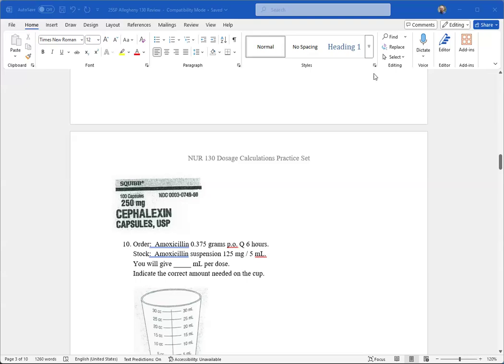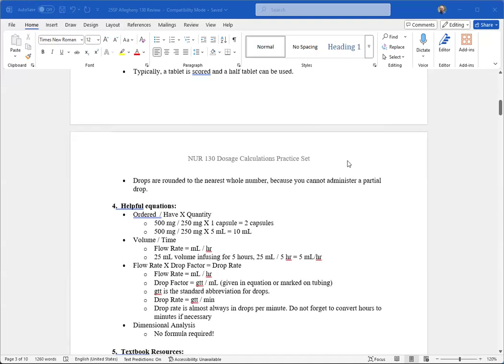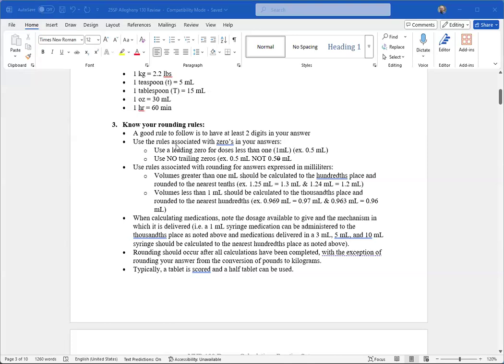I do have a question here, so I'll answer it first. As far as rounding rules, I'm going to go back up here to the rounding rules. They always say you're looking to have two digits in your answer.